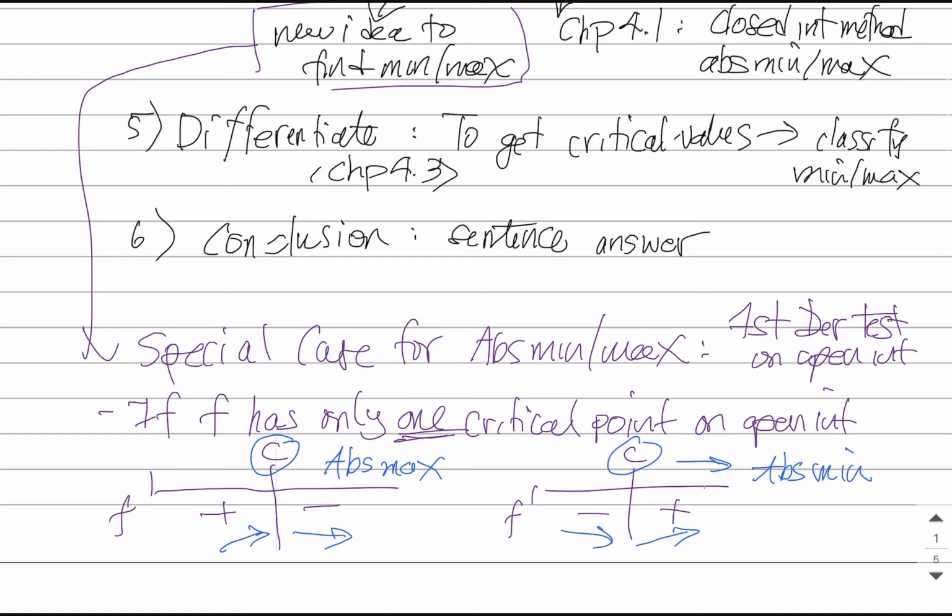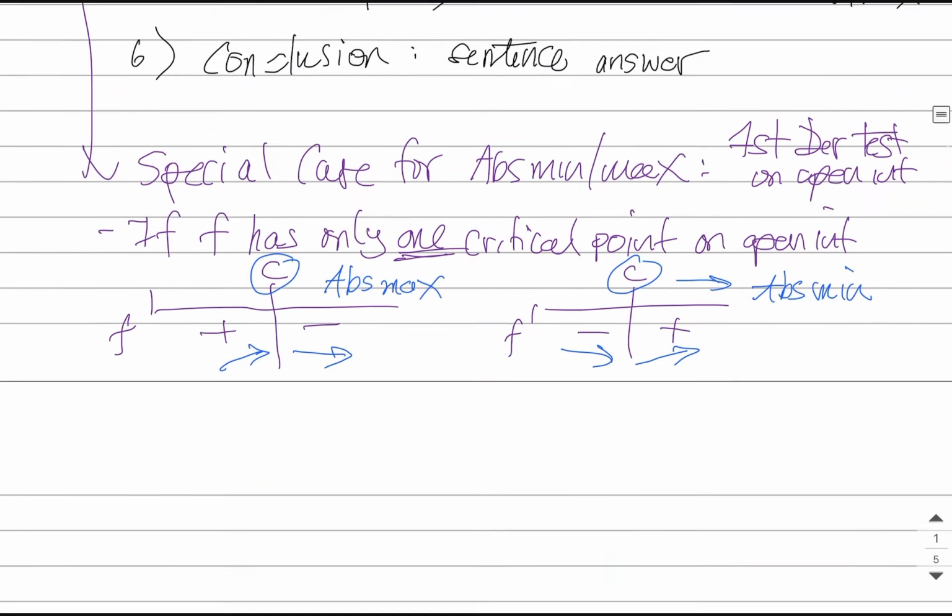Remember that these are critical points. So they are points in the domain of the function. There is actually a point there. So I'll talk a little bit about this second case. I'm going to go through an example where you've got this second case, and I will walk through the procedure at this point.